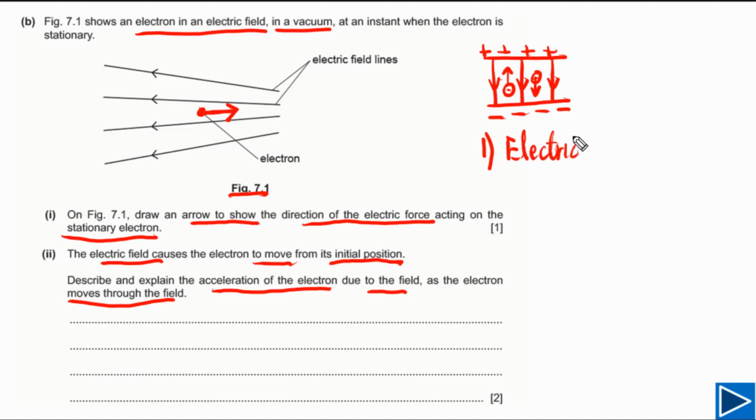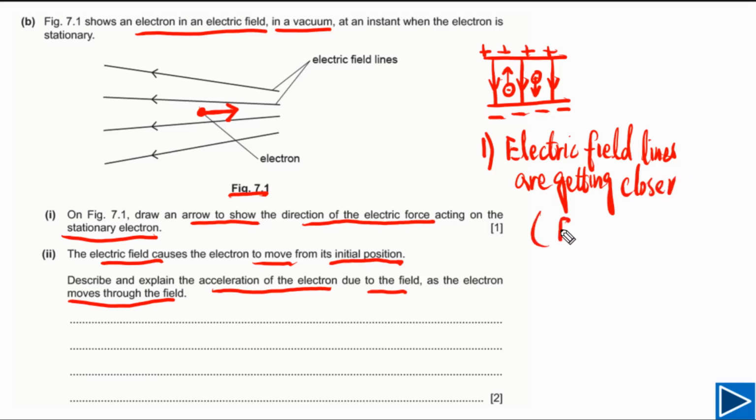Getting closer means that E increases, meaning the field is getting stronger, so E is increasing.